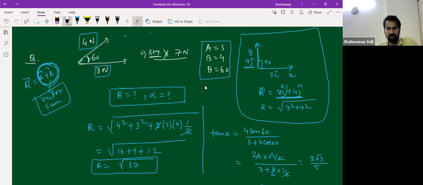That is simple: I added with I, J added with J, K added with K. But whenever you are given the two vectors in polar form, meaning you are given the magnitudes of the two vectors and the angle between them, then you have to apply the parallelogram law. Then you calculate the magnitude of the resultant vector with the idea of this parallelogram. Understood about it? So always keep in mind.